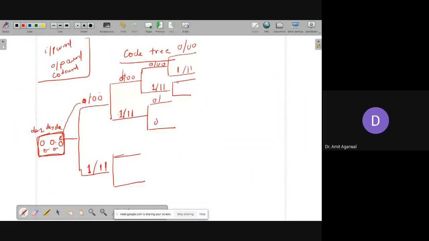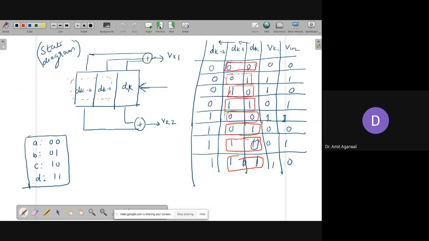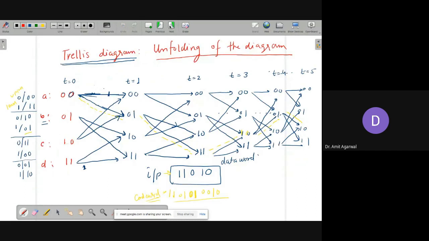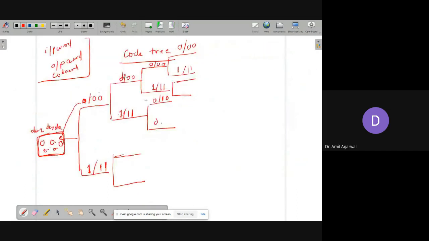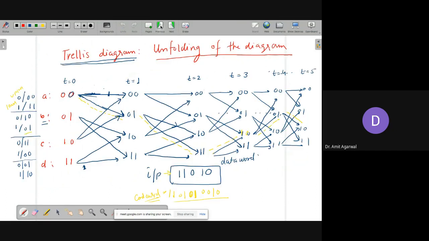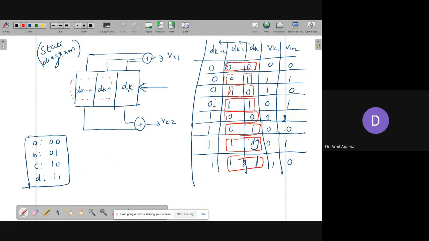Sorry, we have to see 0, 1, 0 corresponds to 1. Oh, sorry, it should be 1, 1, 0. And 1, 1, 0 corresponds to 0, 1.